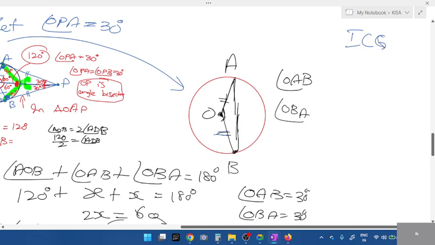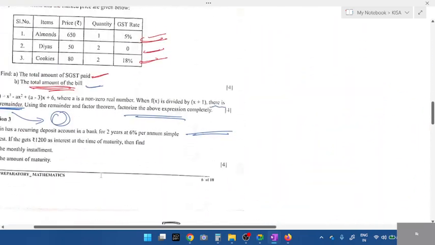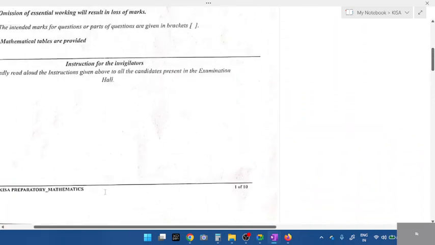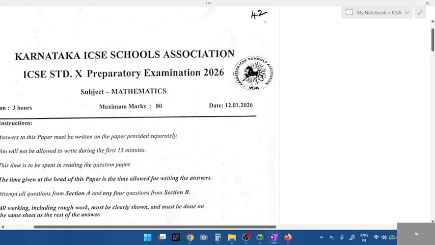Look, ICSE is a central board. From that, this is KASE, Karnataka ICSE School Association. So this is just from Karnataka state. They have predicted. It is not the same.